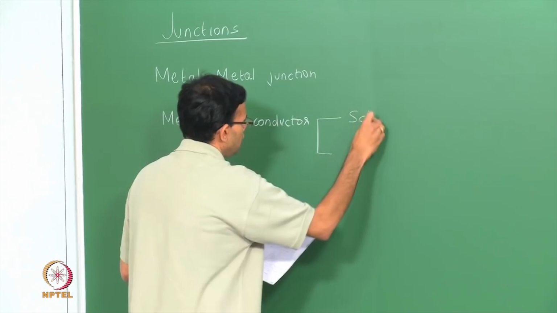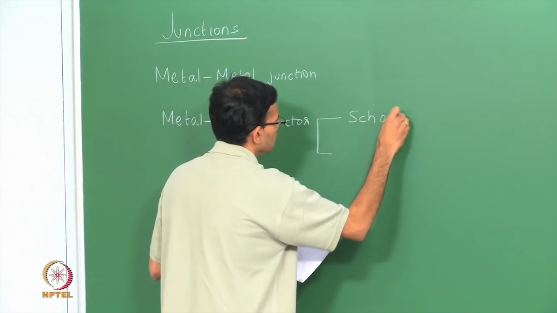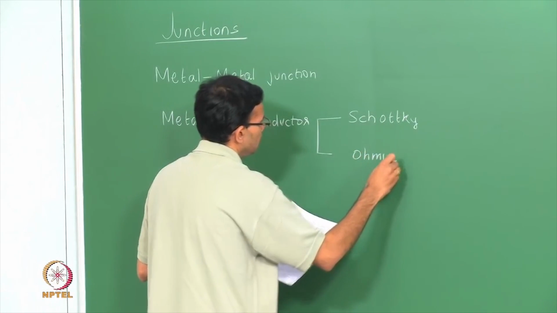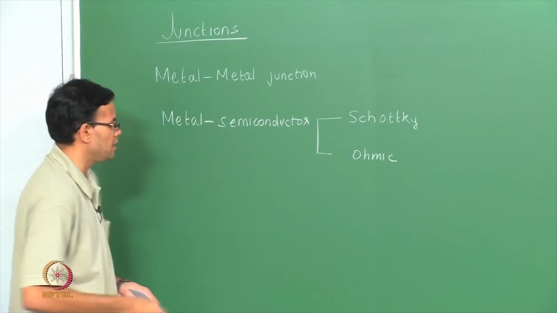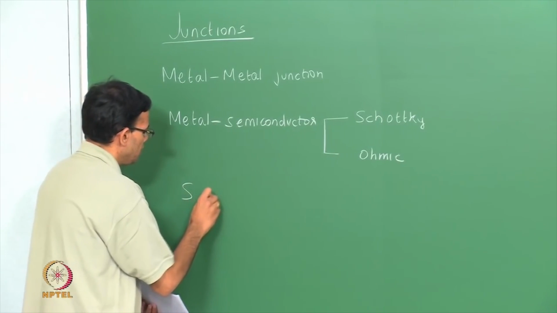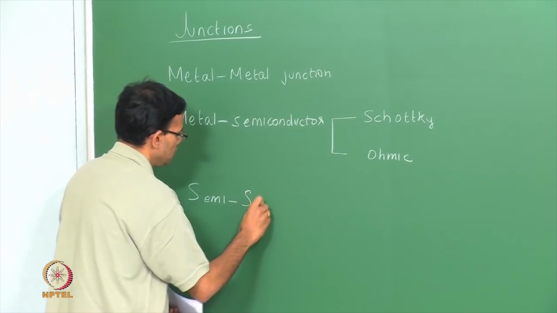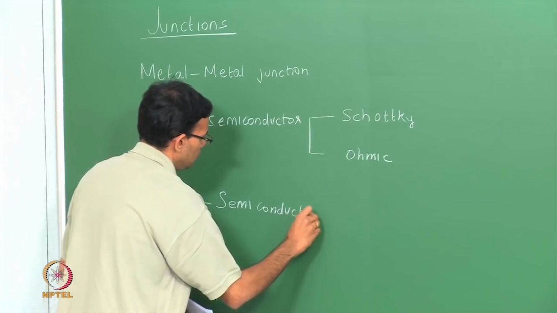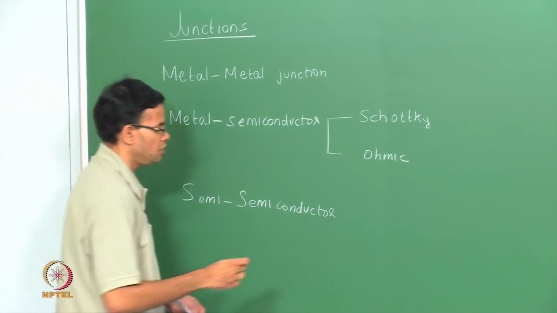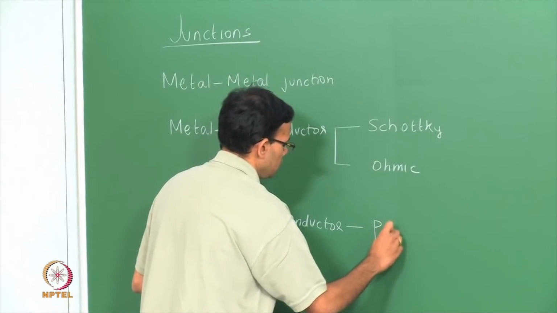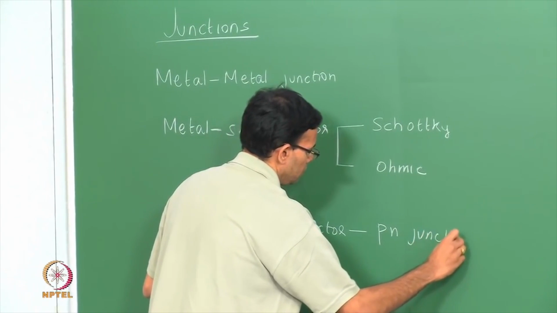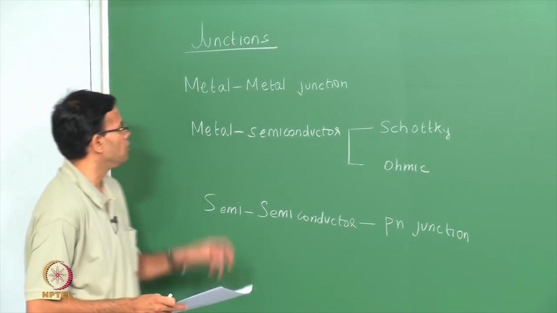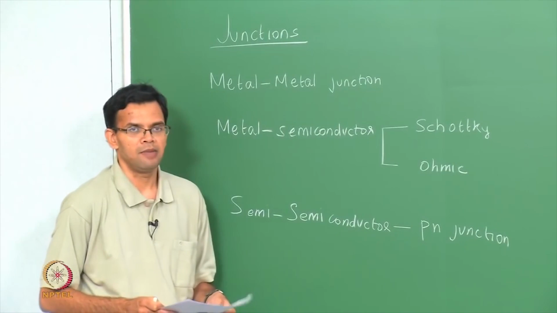One is your Schottky junction, the other is called ohmic, and from the metal semiconductor we will go to your semiconductor junction. And the most famous of this is your p-n junction. In today's class, we will focus on the metal-metal and the metal semiconductor junction.